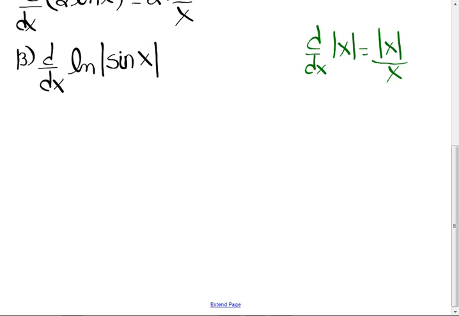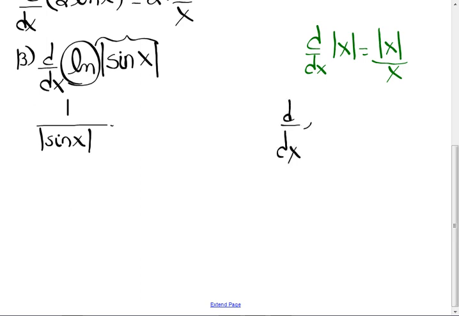Just telling you. So first we start with the outside function, which is just the log. So it's 1 over whatever this function is, which is the absolute value of the sine of x. Because the derivative of the log of f of x is 1 over the function, whatever it is, times the derivative of that.